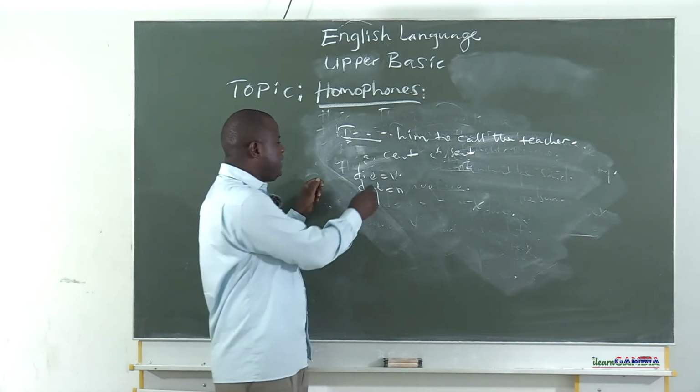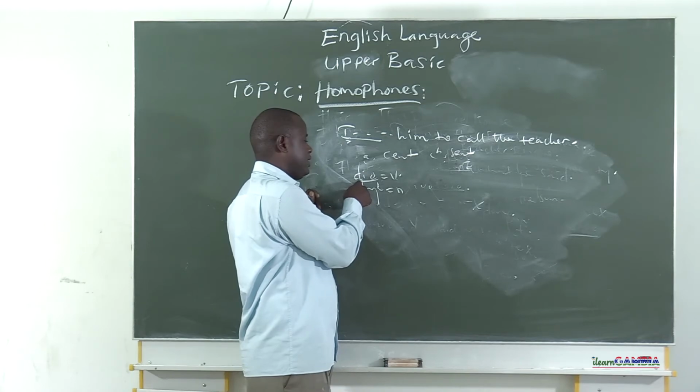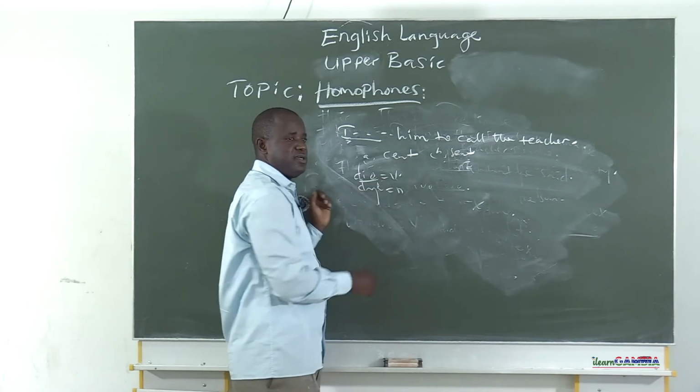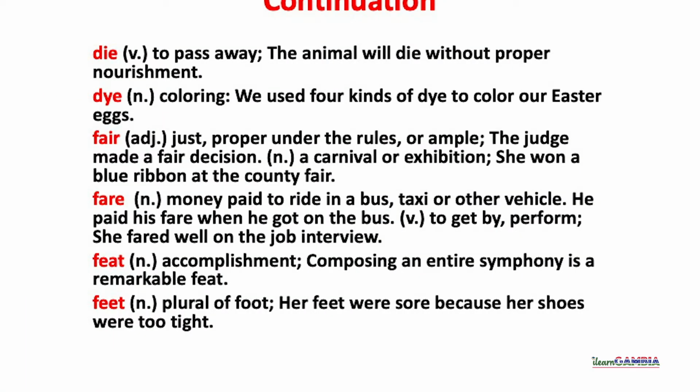So what is the meaning of the first one? DIE means to pass away. For example, the animal will die without proper nourishment. And this other one, DYE, which is the noun form, doesn't mean die.